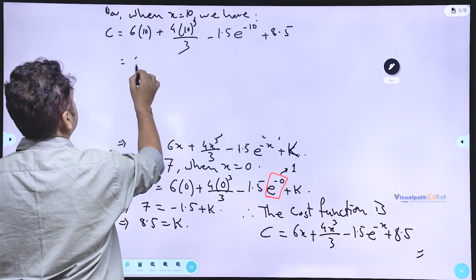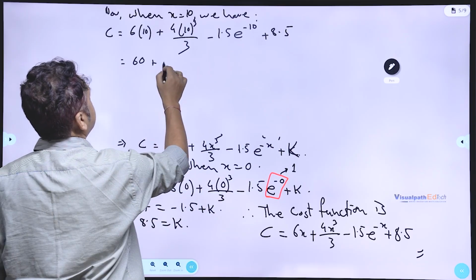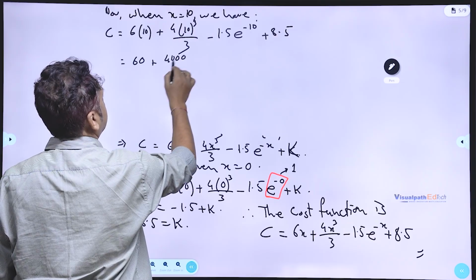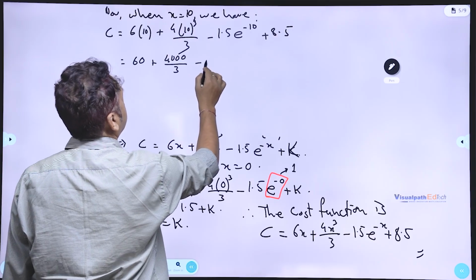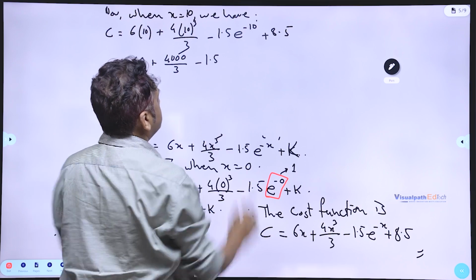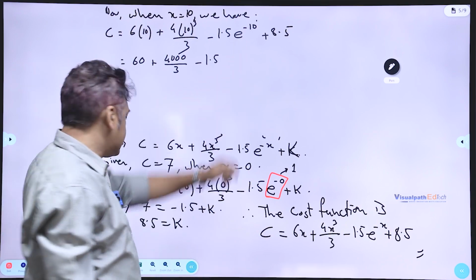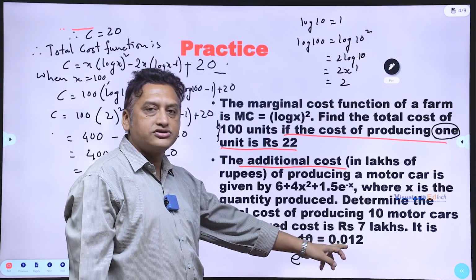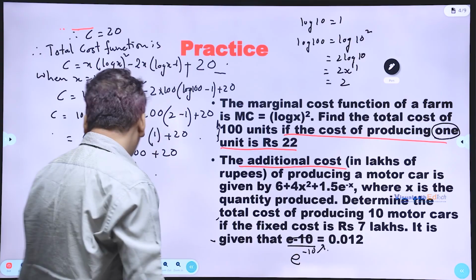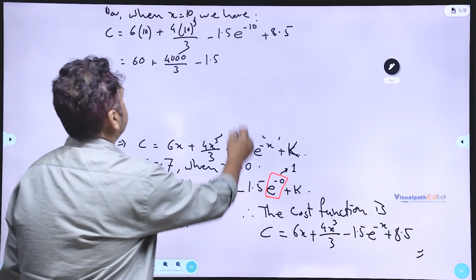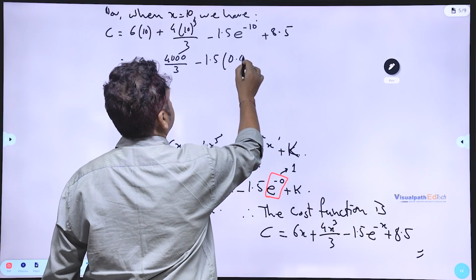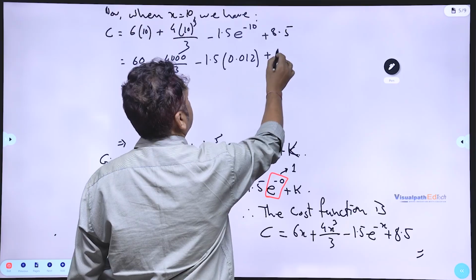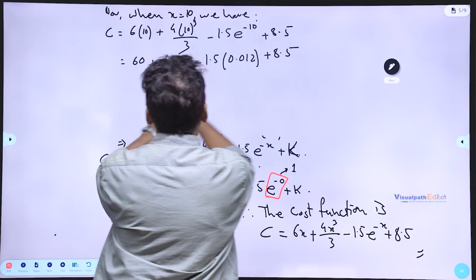So this is 60, this is 4,000 divided by 3, minus 1.5 into. Now, what is e to the power minus 10? If you go back to the sum, you see e to the power minus 10's value is given as 0.012. So that's what we are going to substitute, plus 8.5. So we have to solve this.